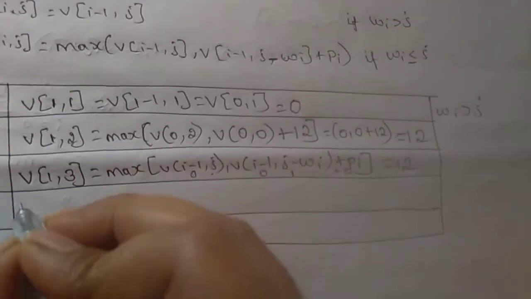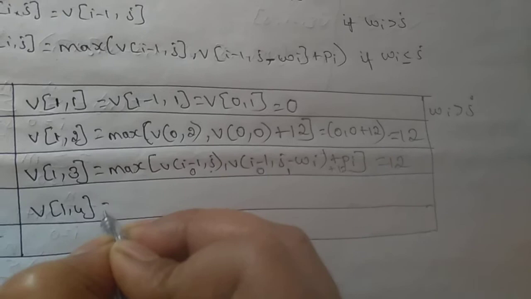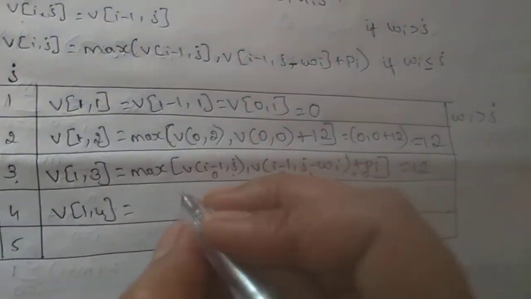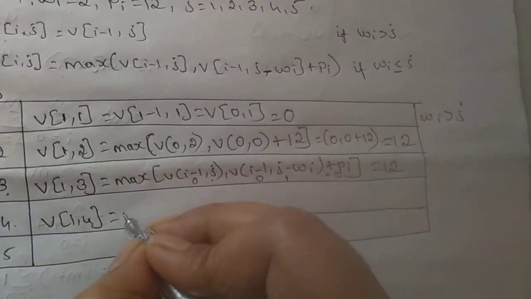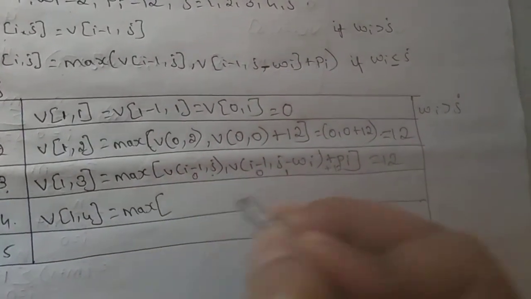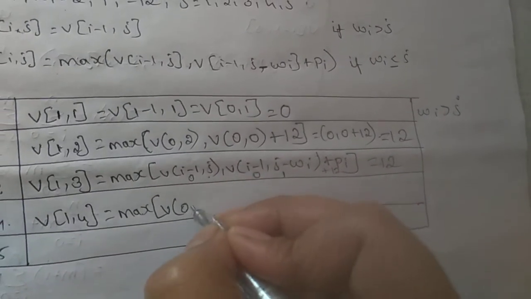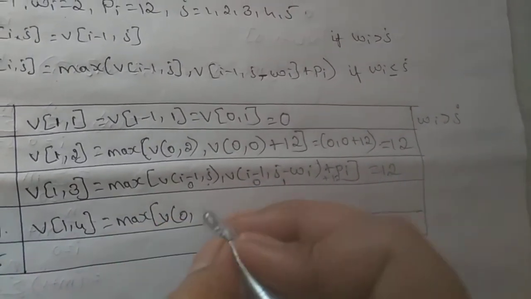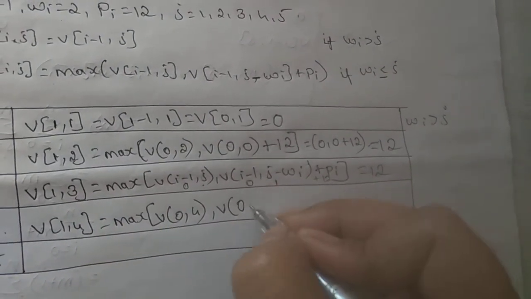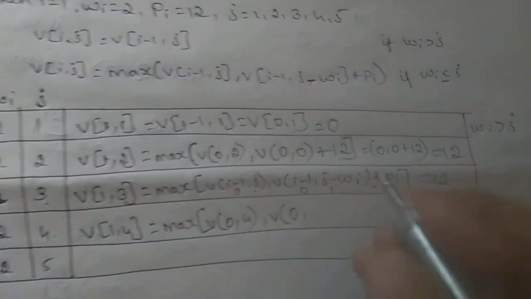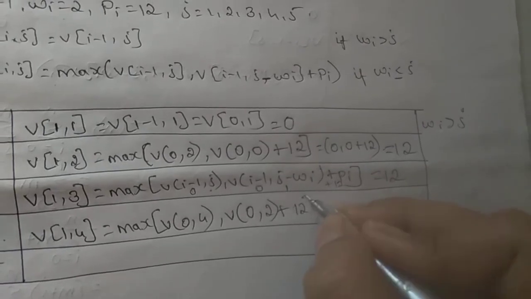Next, V of 1, 4, because the j value is 4 here, so wi is less than j. Again the same formula: max of V of i minus 1, that is 1 minus 1, 0. The j value is 4, so V of 0, 4, and V of i minus 1 is 0, j minus wi, 4 minus 2 is 2, plus profit 12.